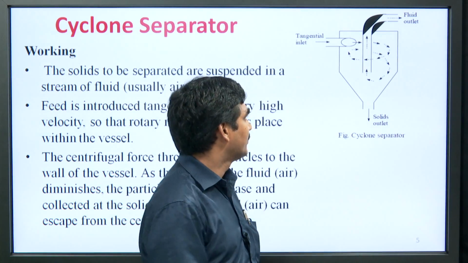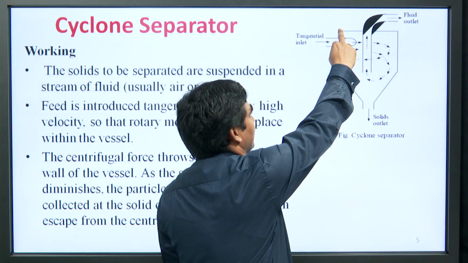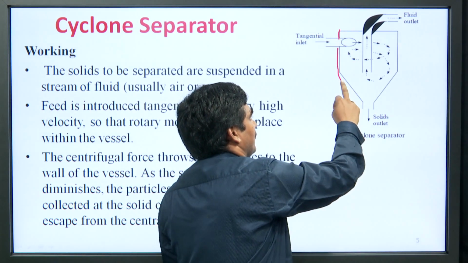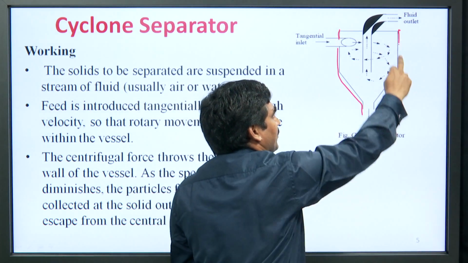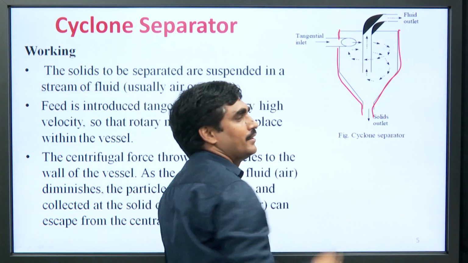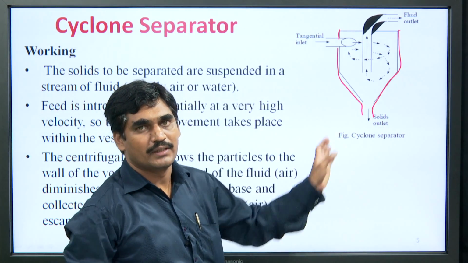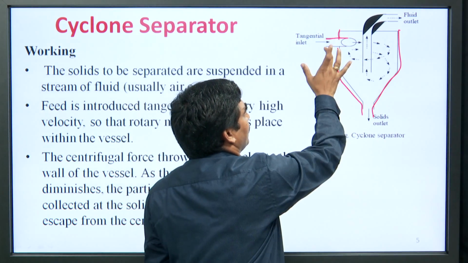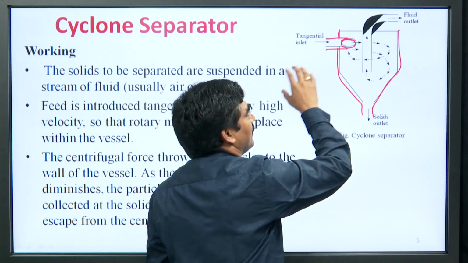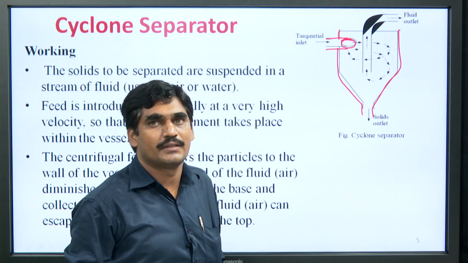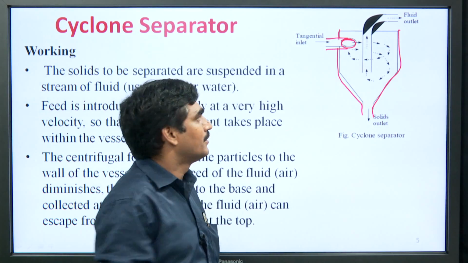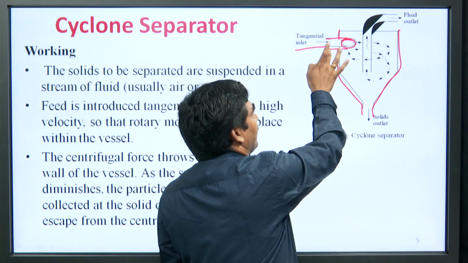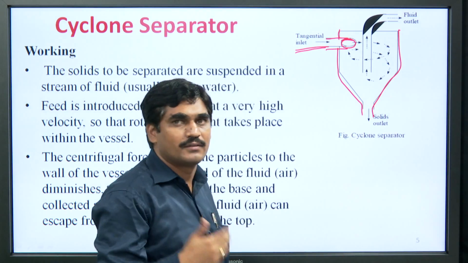As I have shown in the previous case, this is the typical diagram of cyclone separator, a short cylindrical vessel with a conical base. This is the place from where the particles are entering into the system, that is called the tangential inlet. Tangential inlet, why?